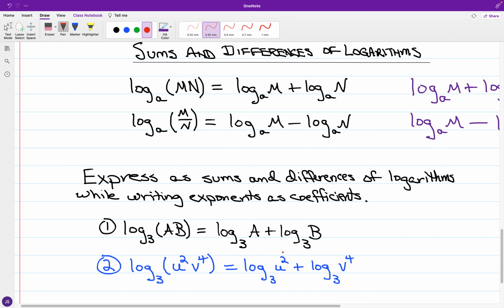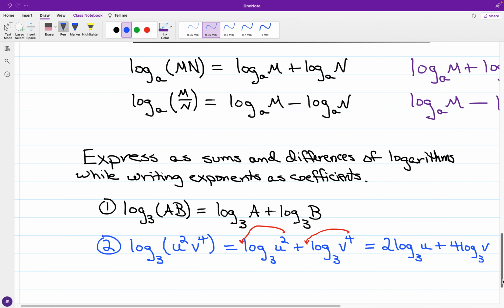But with u and v, u is raised to the second and v is raised to the fourth, and expressing the exponents as coefficients, the base 3 logarithm of u squared will become 2 times the base 3 logarithm of u, and then plus 4 times the base 3 logarithm of v.